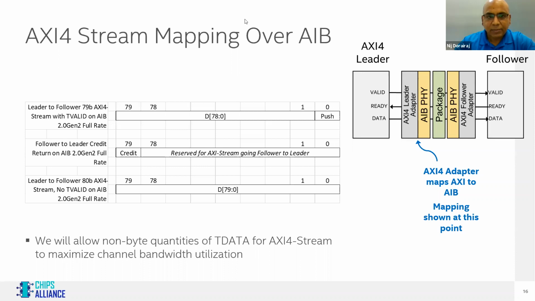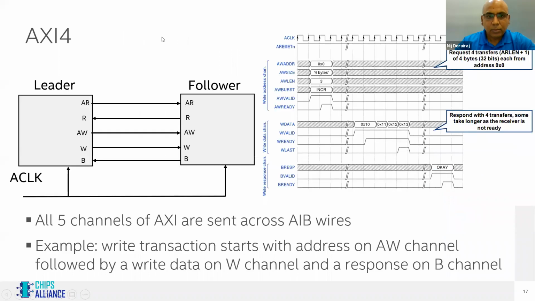Next slide. And here's an example for AXI4. AXI4, unlike streaming, needs 5 channels to be sent across the AIB wires.